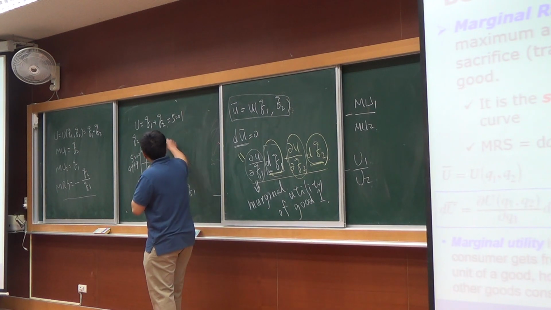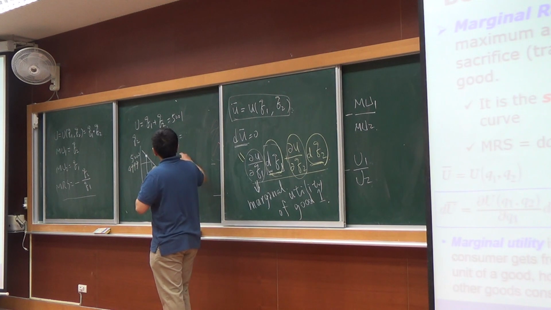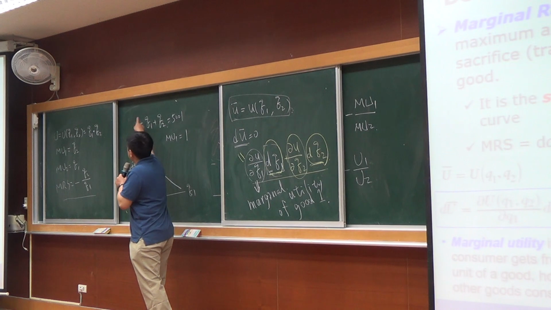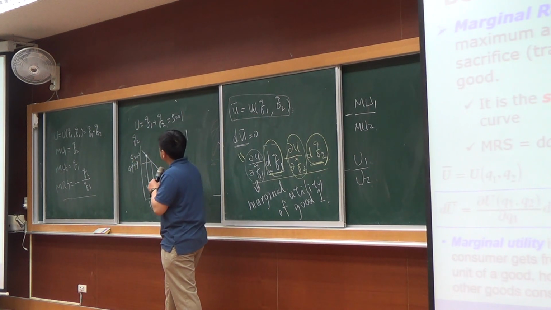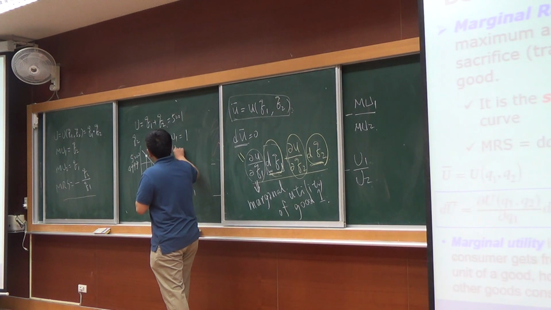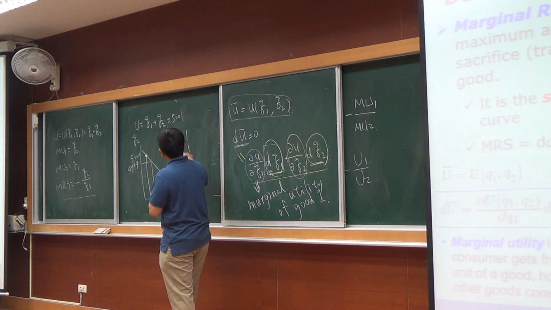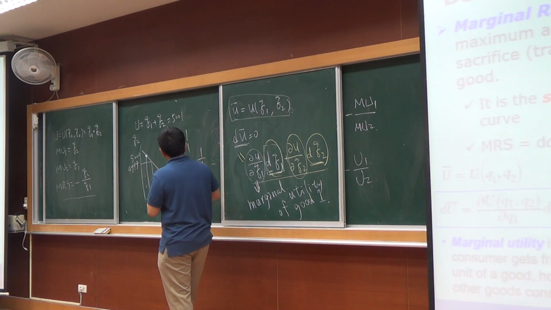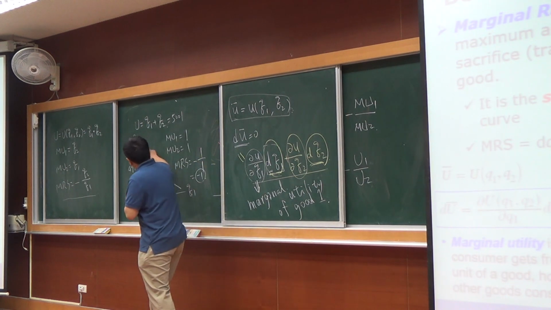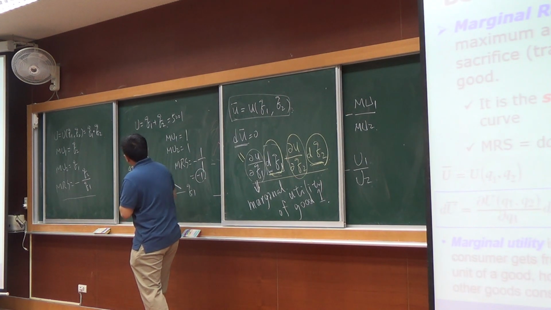And what about the marginal utility of good 1? Is 1. Because we partially differentiate u with respect to q1, we got 1. And marginal utility 2, 1. MRS equals negative 1 over 1, equals negative 1.